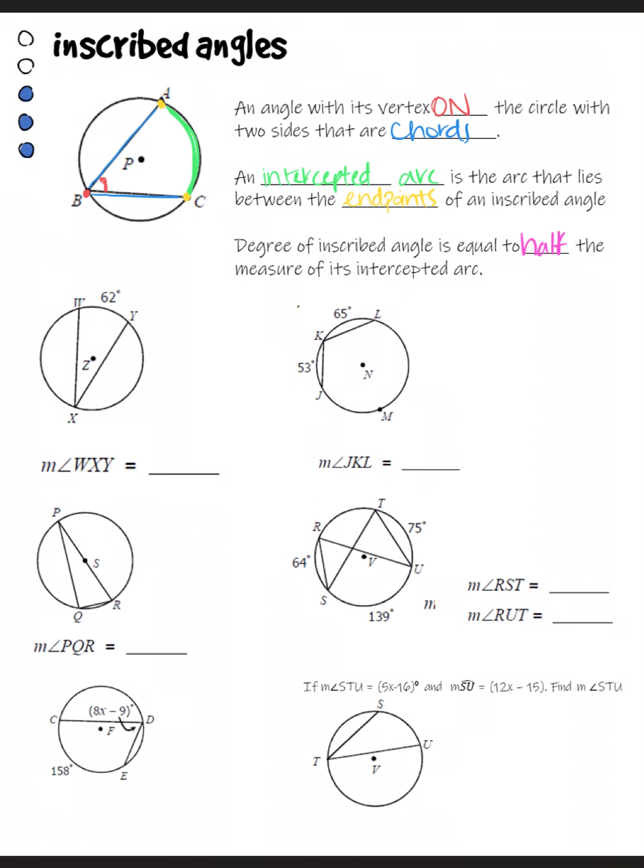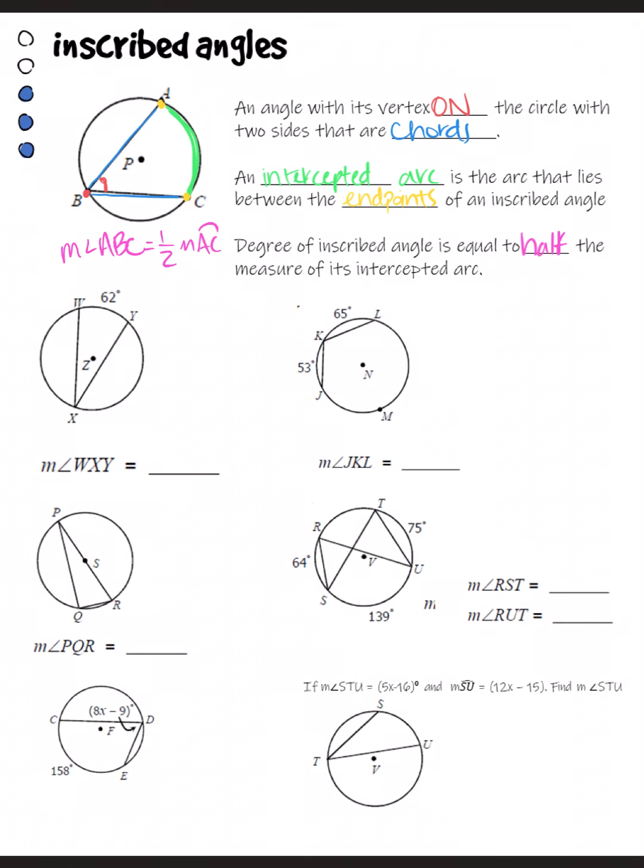This time, the smaller one, the inside one, is half the outside one, or the outside one is 2 times the smaller one. So our measure of angle ABC would be 1/2 the measure of that arc AC.